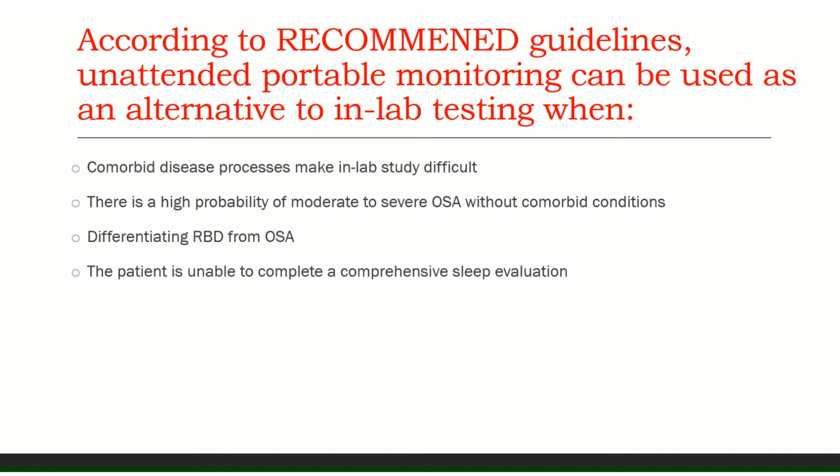When comorbid disease processes make in-lab studies difficult, or a high probability of moderate to severe OSA without comorbid conditions, or differentiating RBD from OSA, or if the patient is unable to complete a comprehensive sleep evaluation? The answer: when there's a high probability of moderate to severe OSA without comorbid conditions.